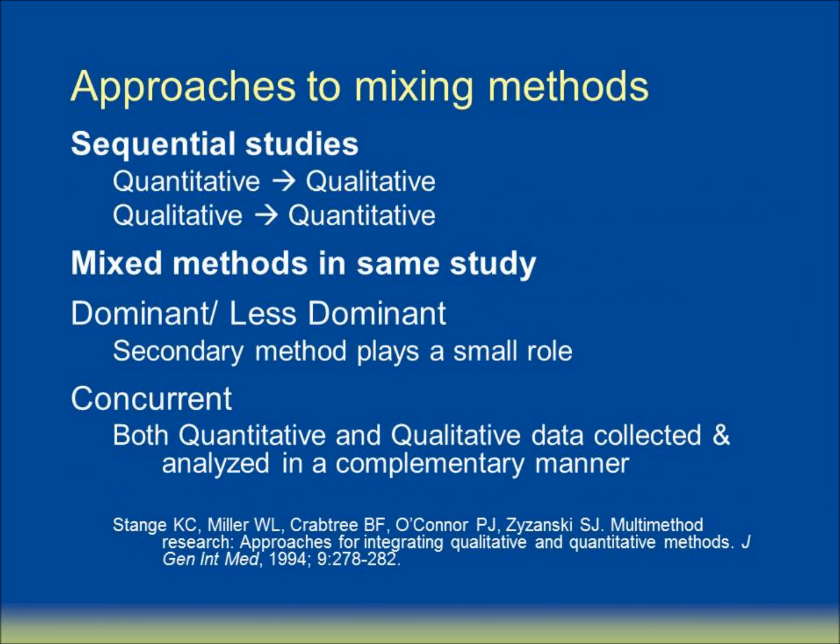So there are a variety of approaches to mixing methods. One would be, as I had mentioned before, a sequential study where the first one is perhaps quantitative, you learn something, but you have some huge holes in your understanding of what's really going on. And it prompts wanting to know some more detail, wanting to explore more deeply. So that quantitative study could be followed by a more in-depth qualitative study.